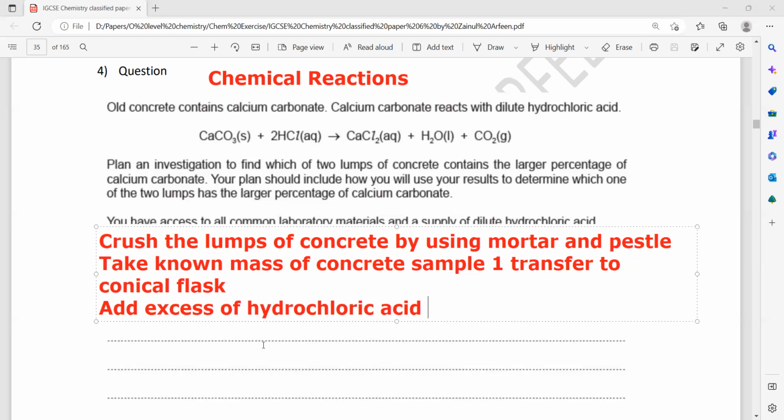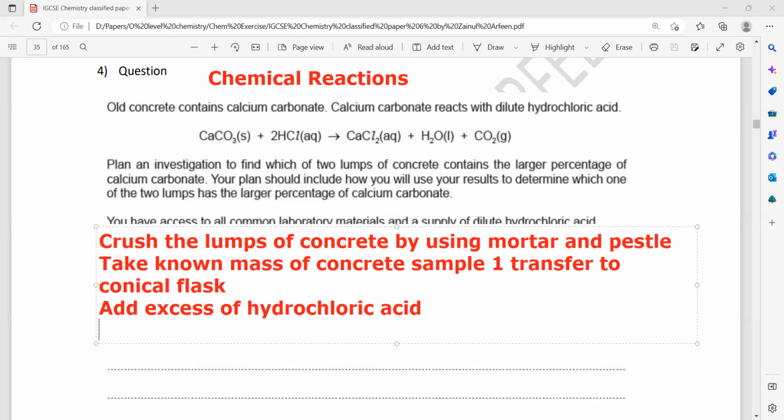When there is residue left inside that does not dissolve, and no more reaction occurs. Then we can connect a gas syringe and delivery tube, or we can place the flask on a balance with cotton wool, if you want to measure the rate of reaction.